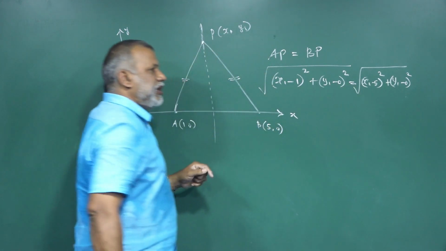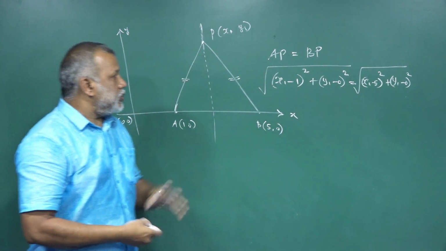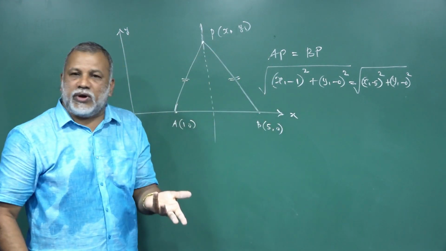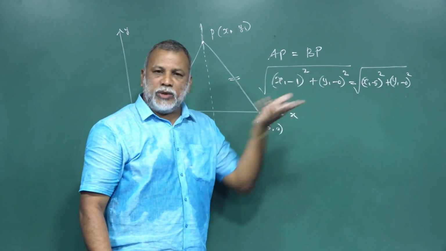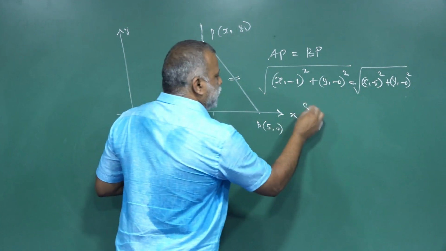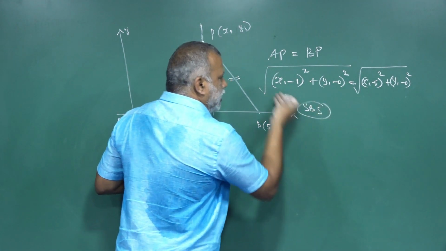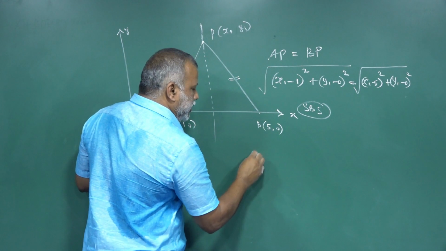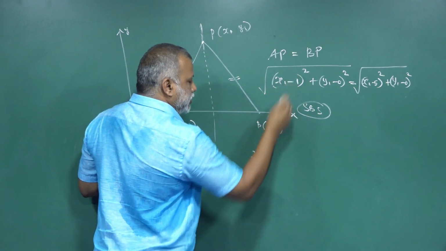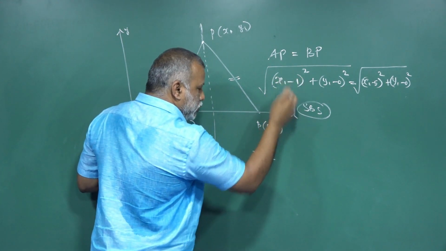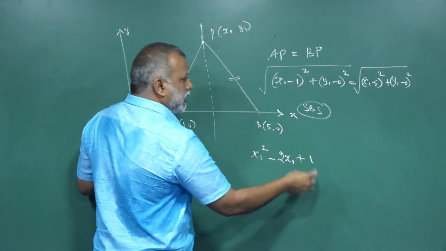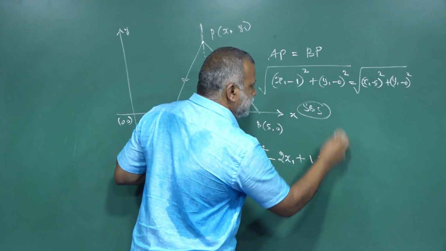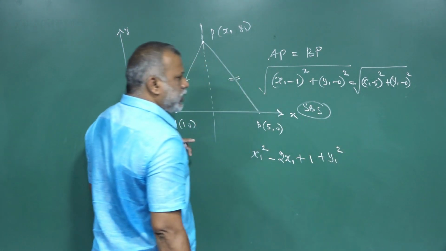So AP equal to PB. From this we are using the distance formula. With the help of this distance formula, we want to remove the roots. Now squaring both sides, expand this. We get x1 squared minus 2x1 plus 1, plus y1 squared.